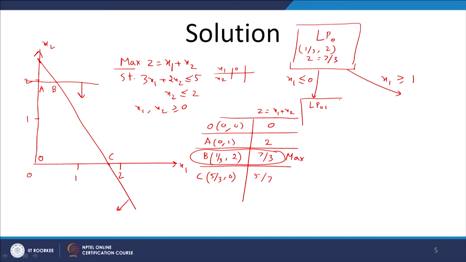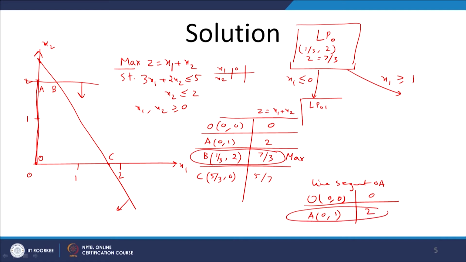01 is given by the line segment OA. So, here is the line segment OA, and as you know there are only 2 points, the line segment OA constitutes of 2 points, 0, 0 having an objective function value 0 and A, which is 0, 1, which gives us 2, and the maximum value is obtained at the point A. So, A is the solution.